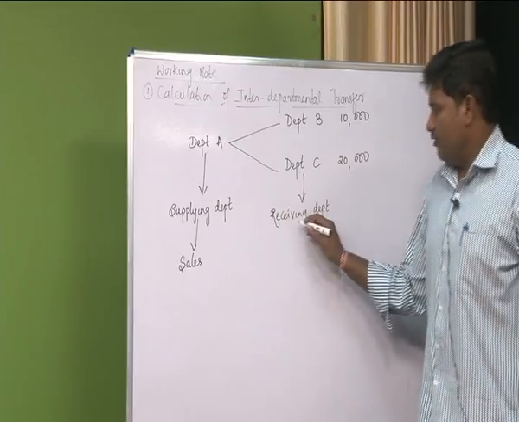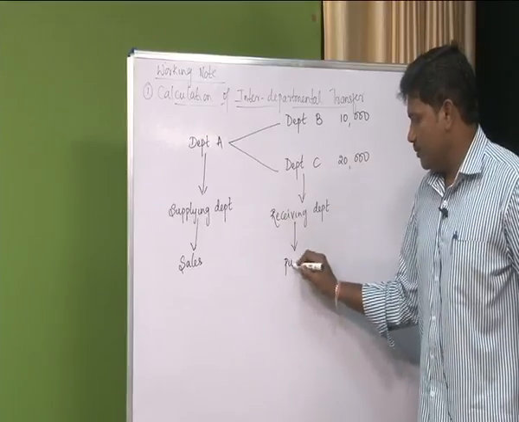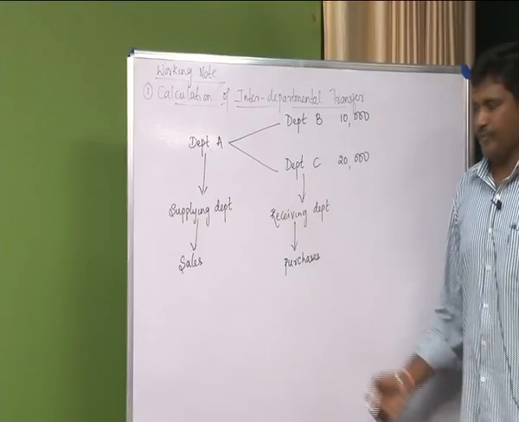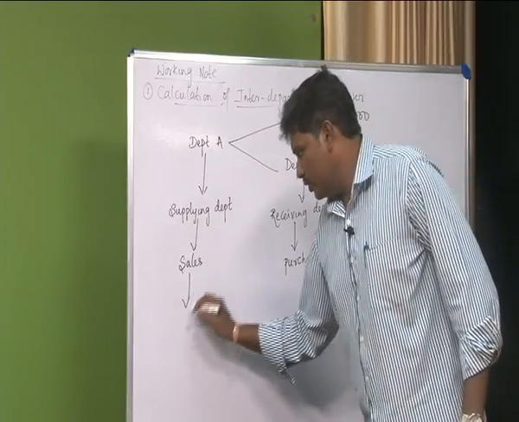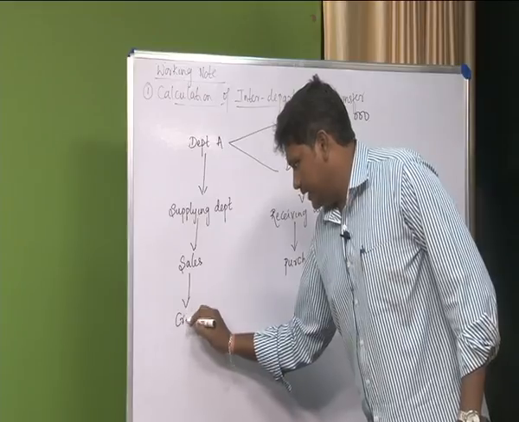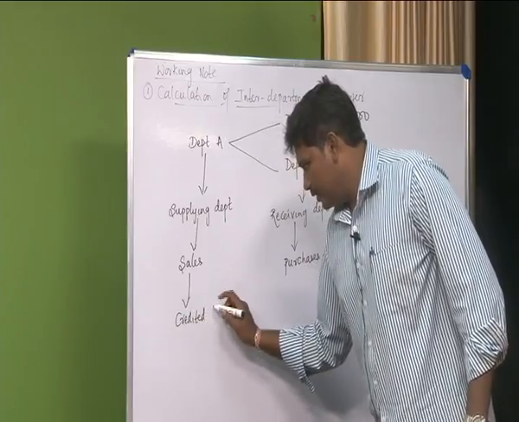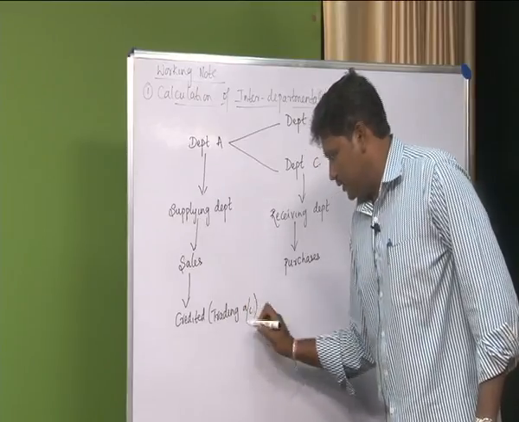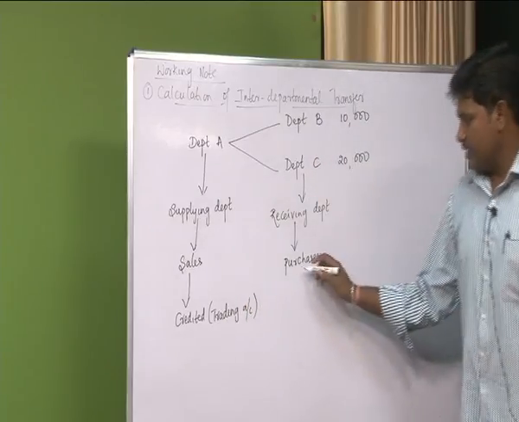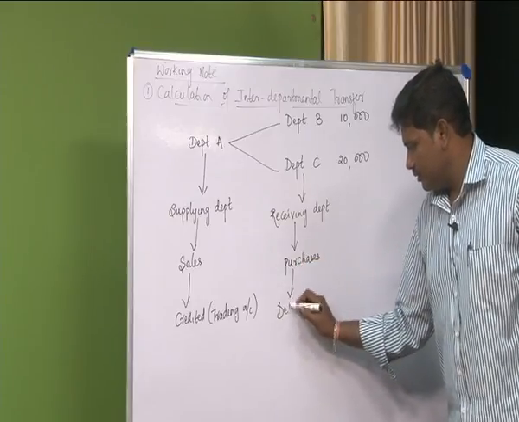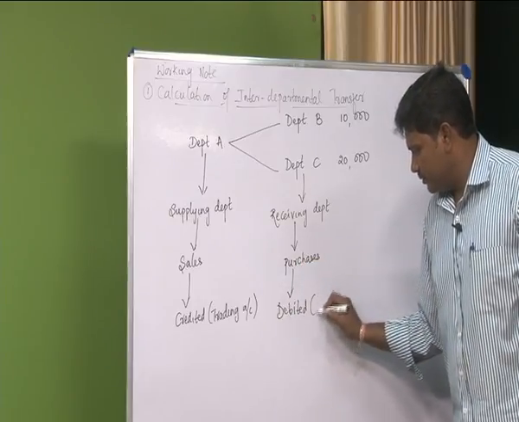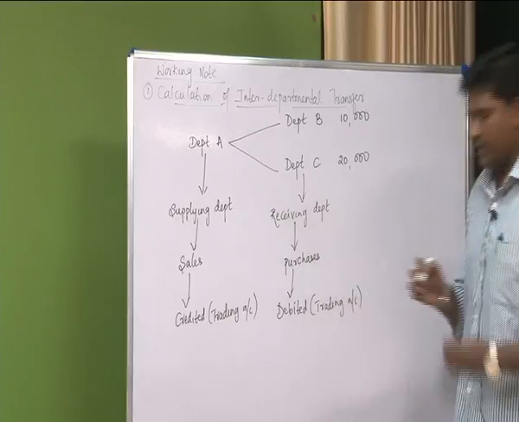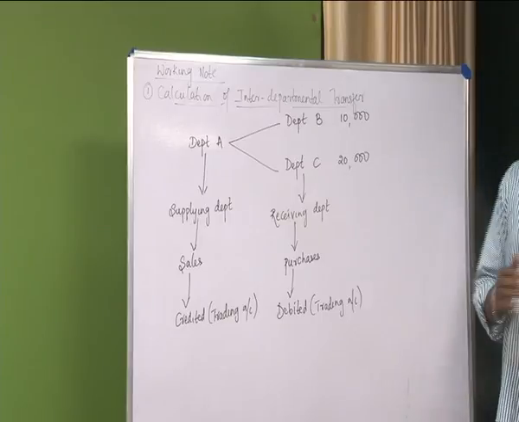In the same way, for the receiving department, it becomes purchases. Therefore, as you know, sales should be credited to the trading account, and the purchases should be debited to the trading account. This is the concept.